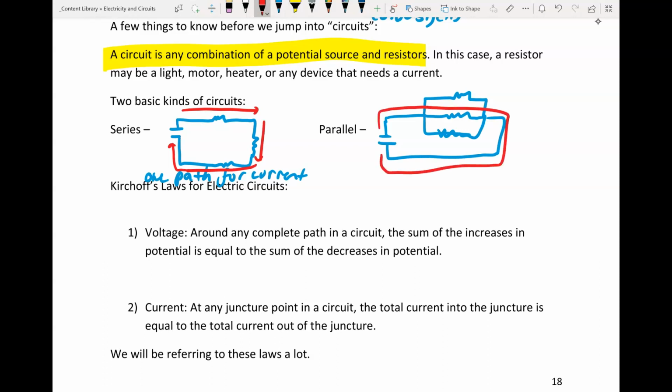That's one path. It could also go another path this way. And then lastly, you have another path when it goes on the inner one in here. So a parallel circuit occurs when you have multiple paths for the current.